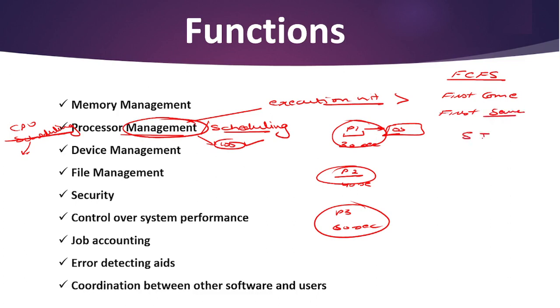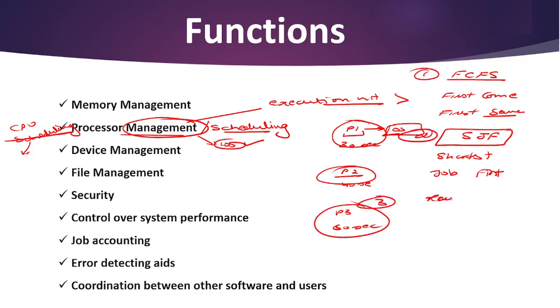Next we have SJF, which means shortest job first. This is very, very important, with frequently asked questions from these topics. Next we have round robin, the round robin scheduling algorithm. And next we have priority based scheduling.